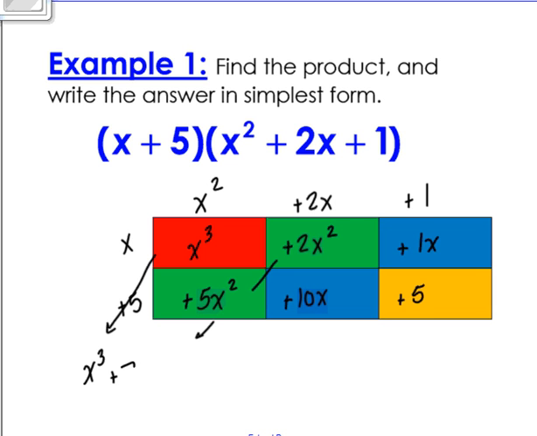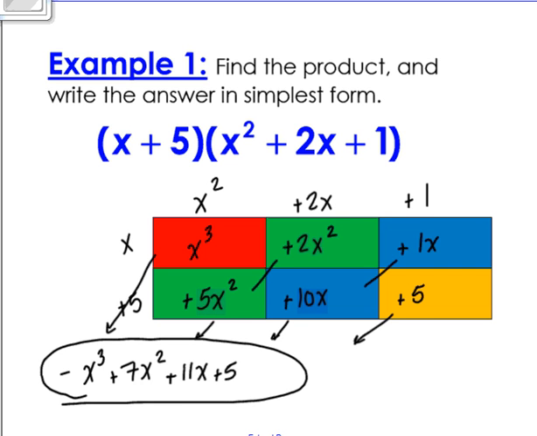This is a 7x squared. This is an 11x. And then I have a positive 5 that didn't combine to anything, so it just comes down. Notice I get the same answer that I got in example 1 the first time I did it. So you can choose whether or not you like the box method. The box method, again, is just a graphic organizer.